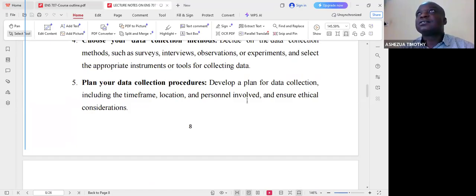Develop a plan for data collection, including the time frame, the location, and the personnel involved. The personnel involved, we often call them research assistants, those that will be helping you on the field collecting data, doing some other experimental works that you may give to them, and ensure ethical consideration.